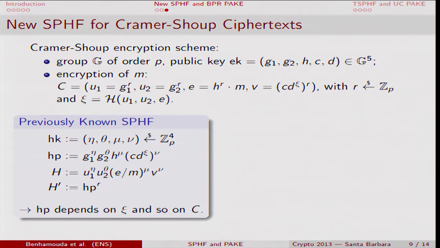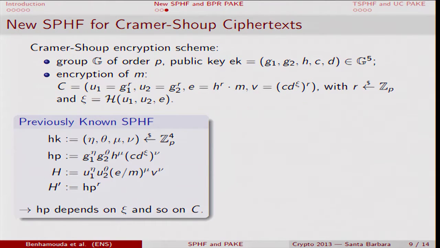So let us now quickly show how this new SPHF works. Remember that what we want is a new SPHF for Cramer-Shoup ciphertext in which the projection key does not depend on the ciphertext, because in the previous framework, the projection key has to be computed before knowing the ciphertext of the other user.